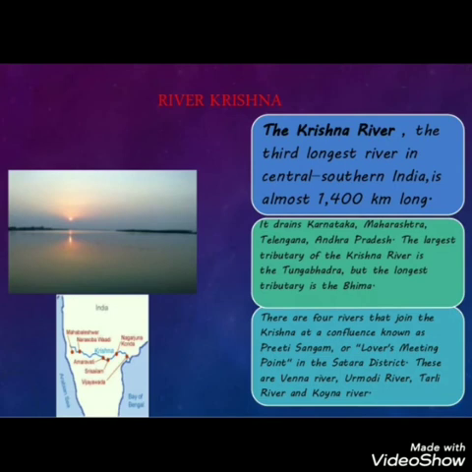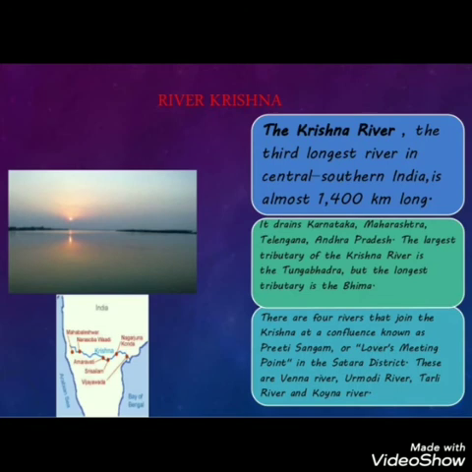Now, river Krishna. River Krishna is also very familiar to everyone. It is the third longest river in central southern India, about 1400 kilometers long, and it drains Karnataka, Maharashtra, Telangana and Andhra Pradesh.